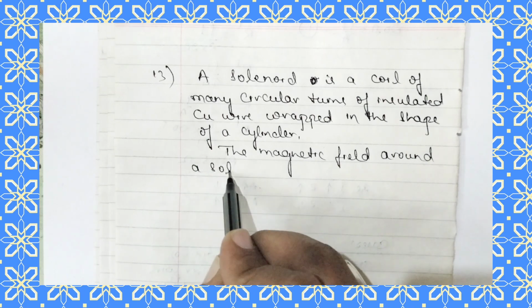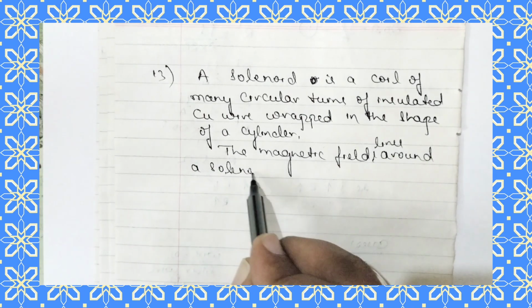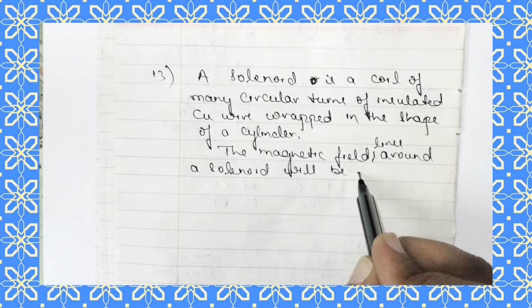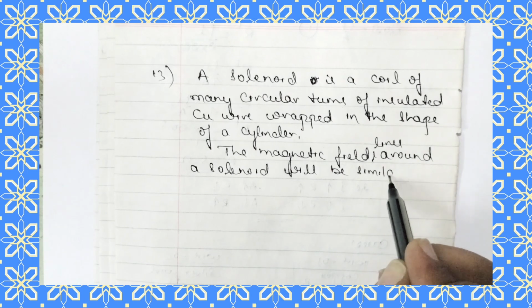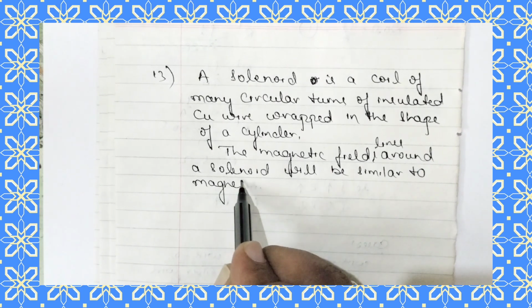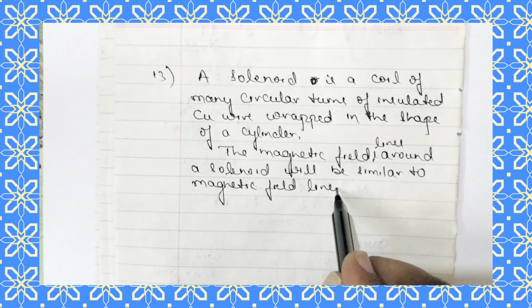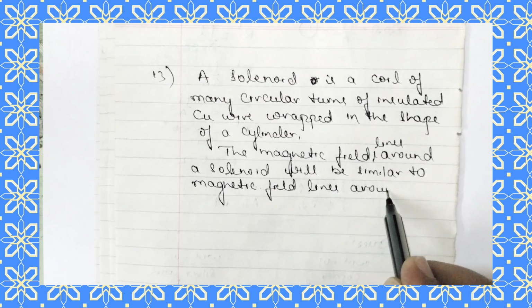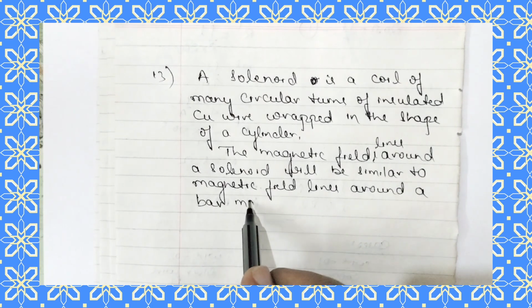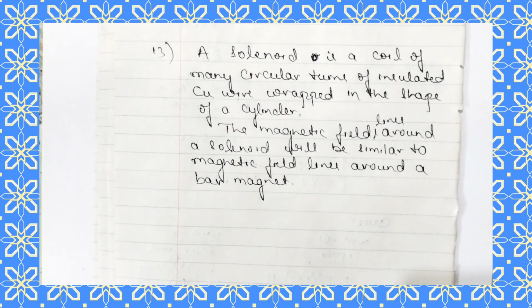The magnetic field lines around a solenoid will be similar to the magnetic field lines around a bar magnet.